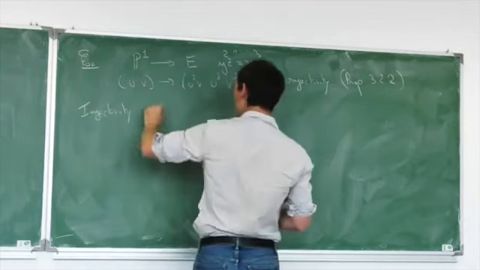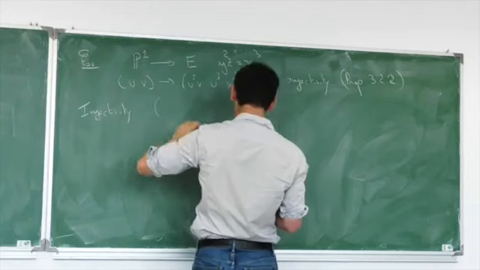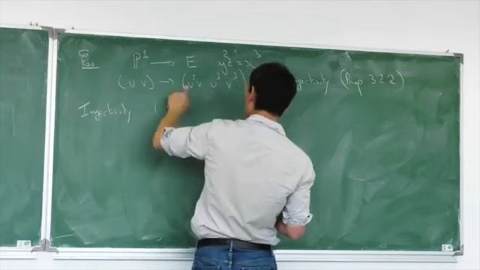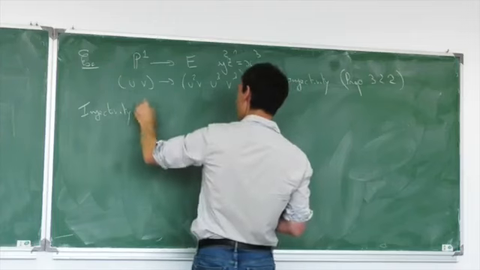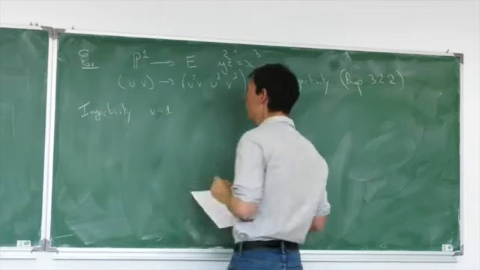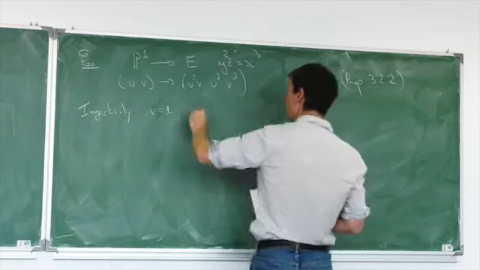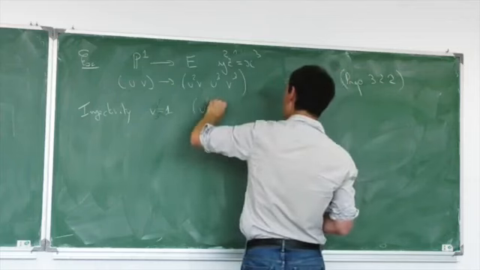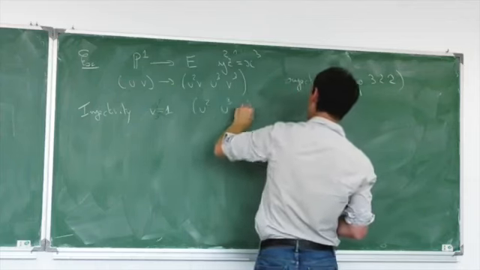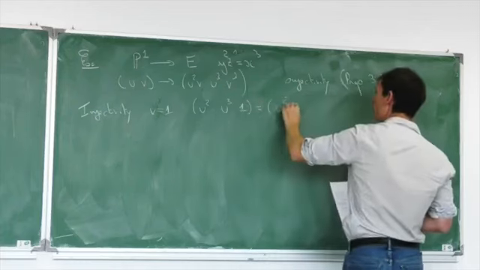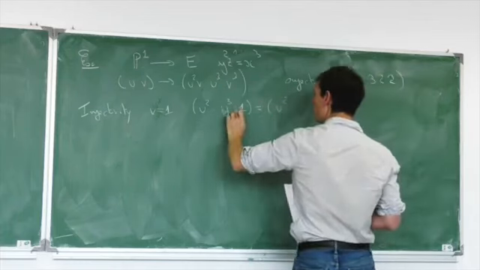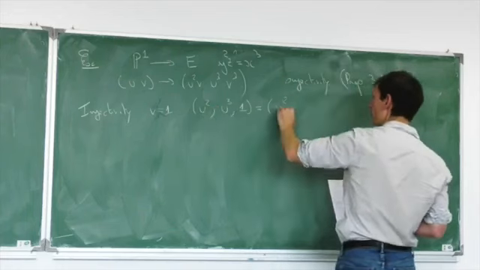Let's assume that you have two points (u, v) and (u', v') such that the images are the same. I'm going to distinguish two cases. The first case is where I can assume v equals 1. Then I'm looking at (u squared, u cubed, 1), and I'm wondering if this is the same as (u' squared, u' cubed, 1), since it's an affine point.